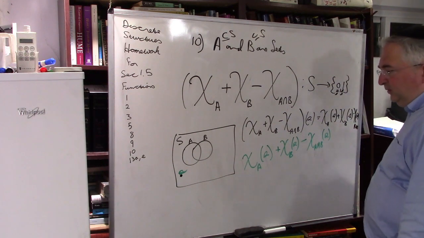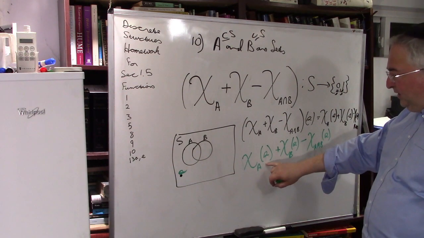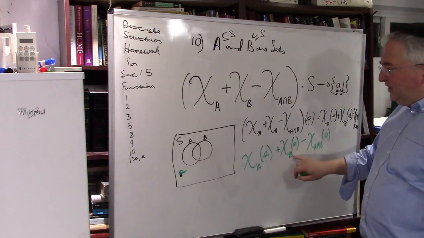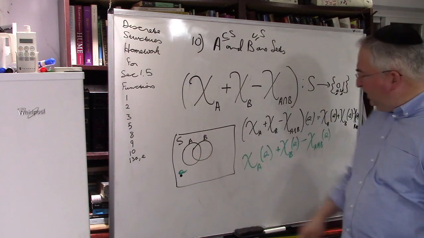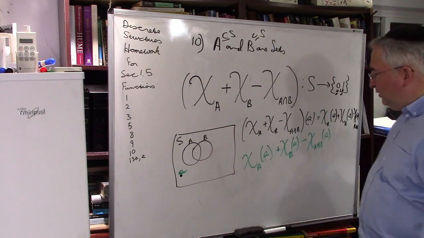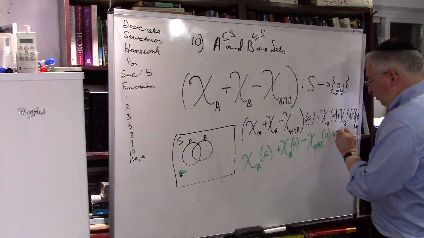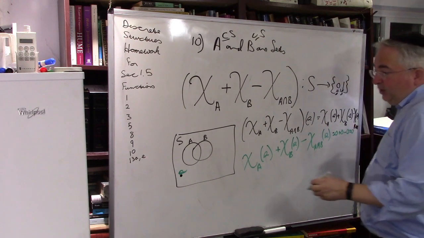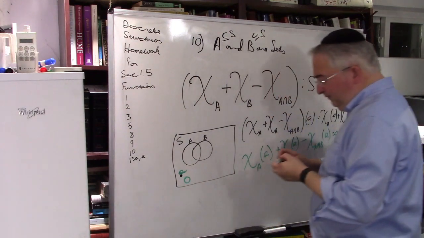Let's see what it's equal to. That is 0 because it's not in A. That is 0 because it's not in B. That is 0 because it's not in here. So this is 0 plus 0 minus 0, which is equal to 0. So it's going to output a 0 here.